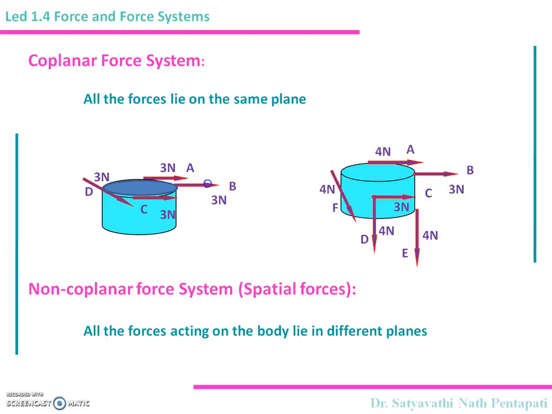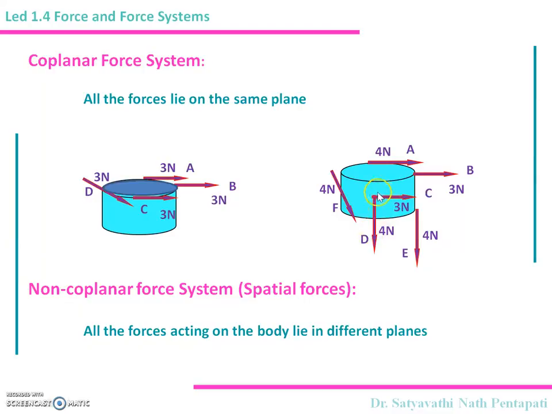In a non-coplanar force system, it is not necessary that all the forces must act in the same plane. They can act in different planes. Here, the forces A and B are on the same plane, that is the top surface. And here the forces C and D are acting in one vertical plane. And this 4 Newton force E is also acting in a vertical plane, but that is different from the plane in which C and D are acting.